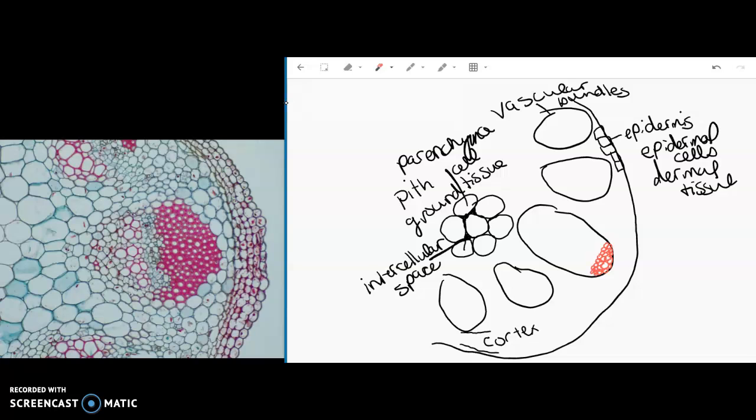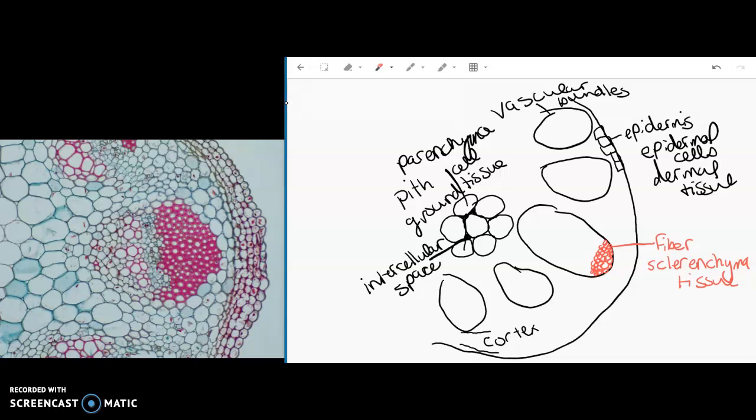All of this area makes up a bundle cap, but each and every single cell is a fiber. And a fiber is a type of sclerenchyma tissue, which is a specialized ground tissue.